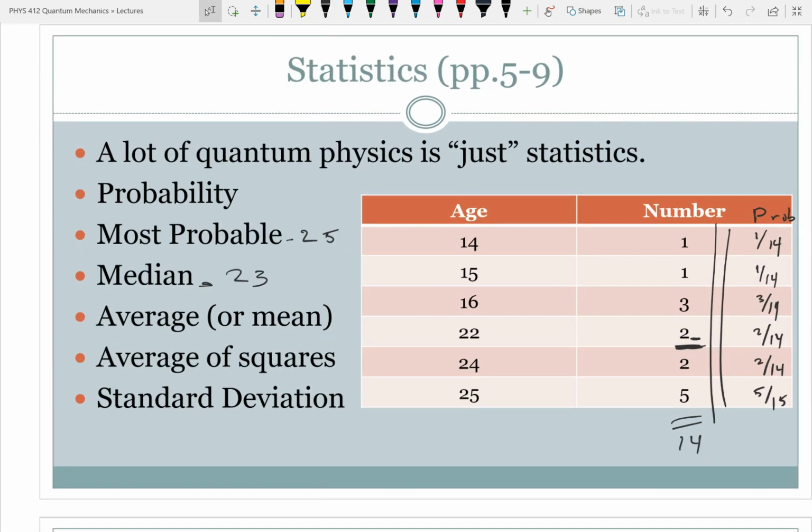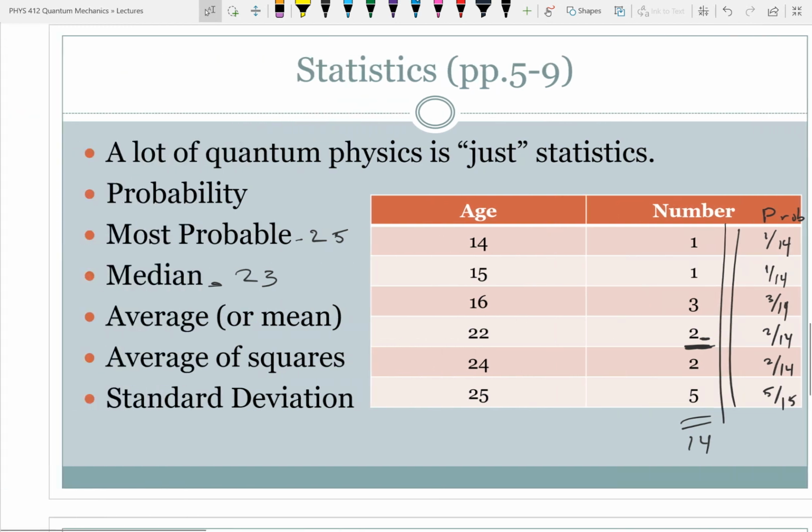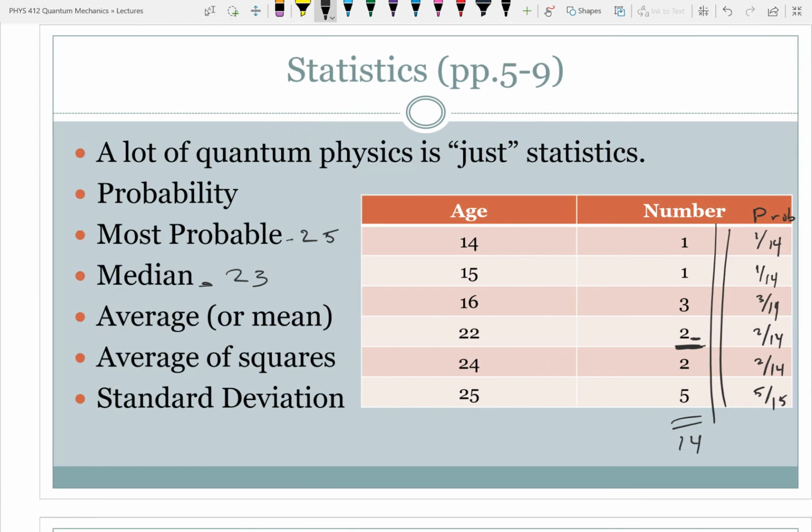Now, what if I want the average? With a system like this, you're probably likely to just add them all up and divide by the number of students, right? But it's a lot quicker to say, let's just do a summation. Let's say the average or mean, average and mean mean the same thing. We have a symbol for the average or mean.